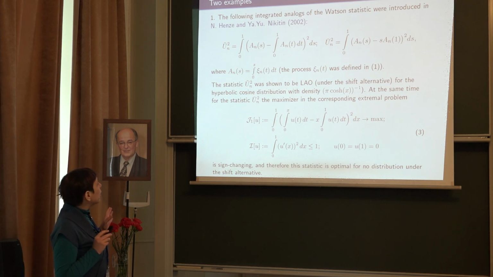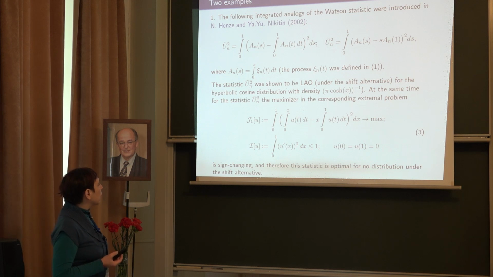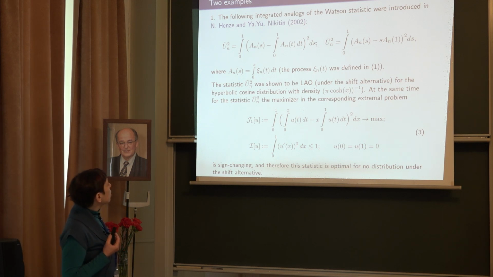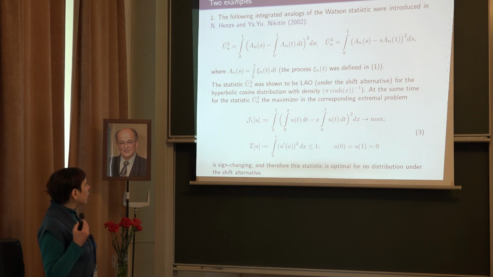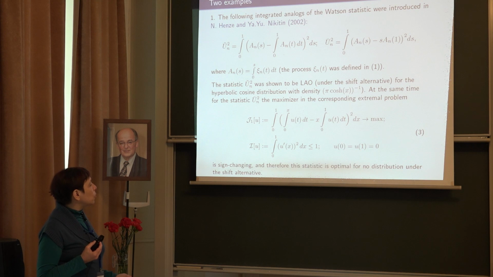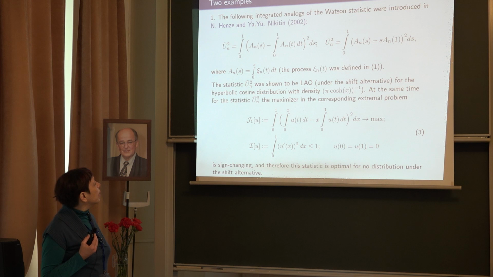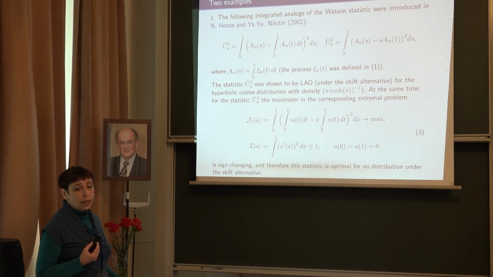And as usual, in the spirit of one of the main directions of Nikitin's works, the Bahadur efficiency was found, and the following problem was posed: to find the alternatives for which the statistics would be locally optimal in the spirit of Bahadur.